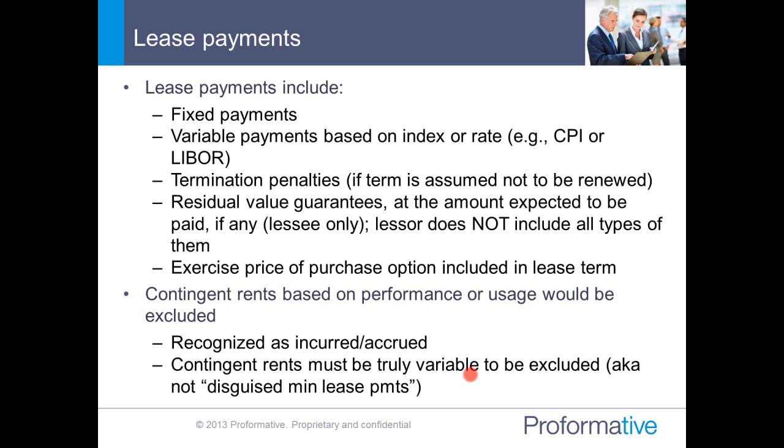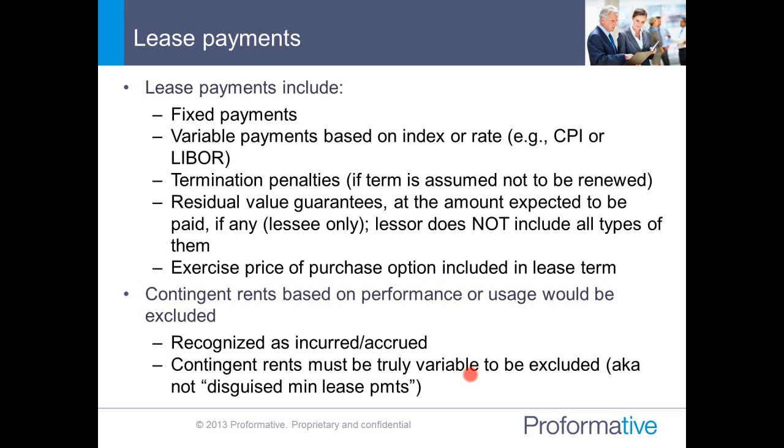So when the variable payments change contractually, the lessee is going to have to include the new higher or lower rents in their capitalization. Termination penalties would have to be included if one is assuming that there's a significant economic incentive not to renew.